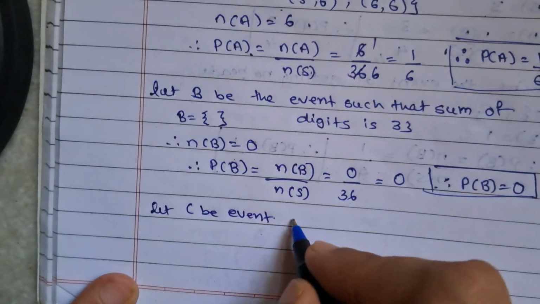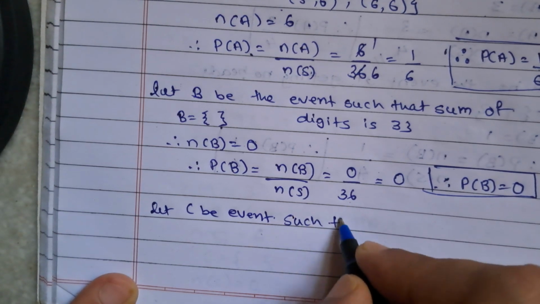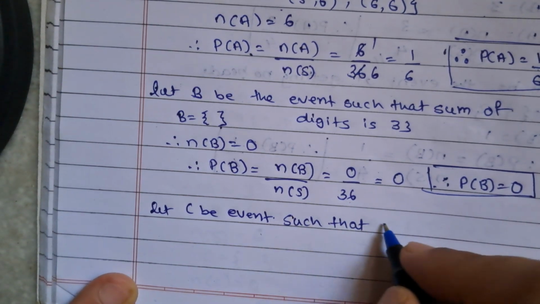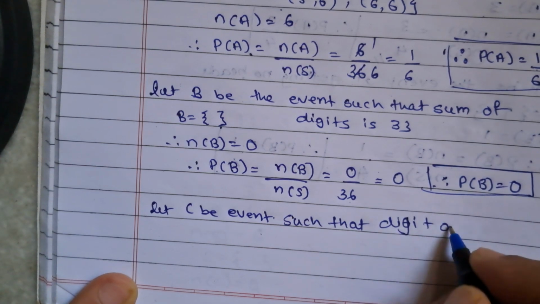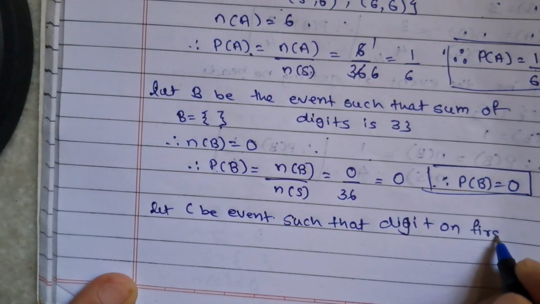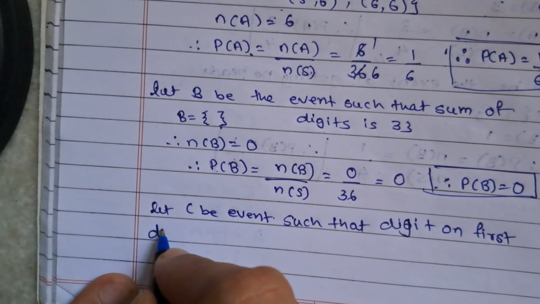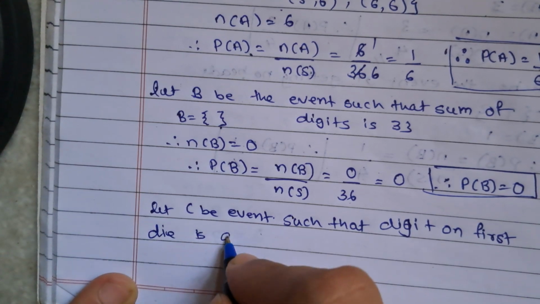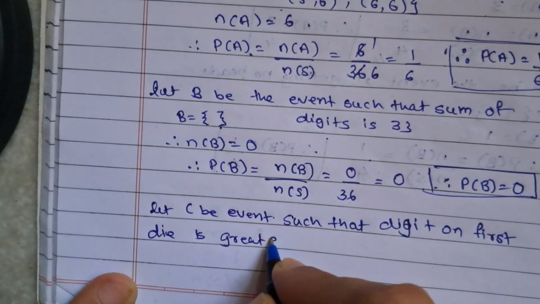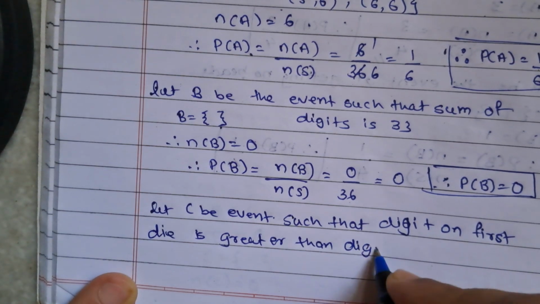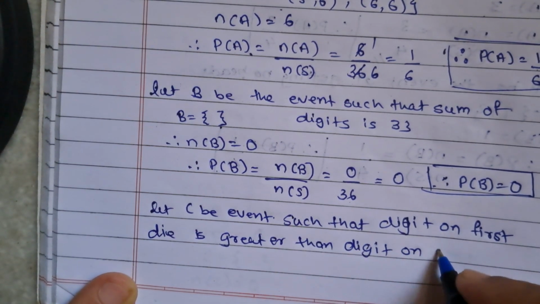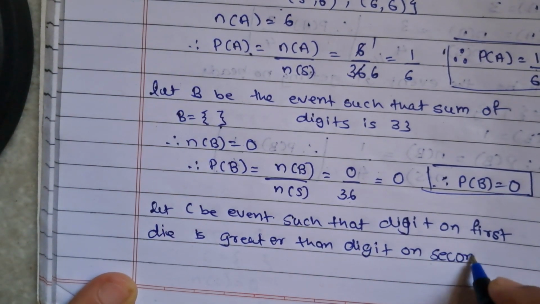The event such that the digit on the first die is greater than the digit on the second die.